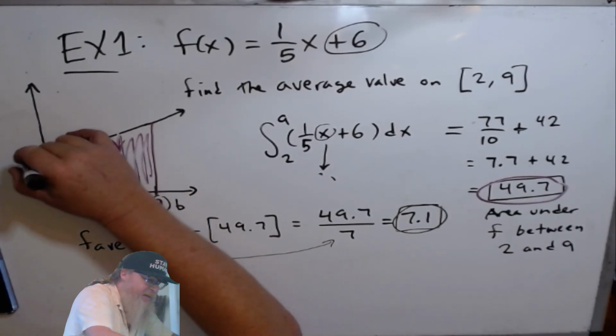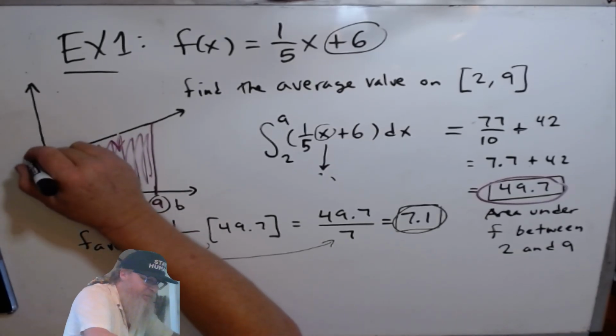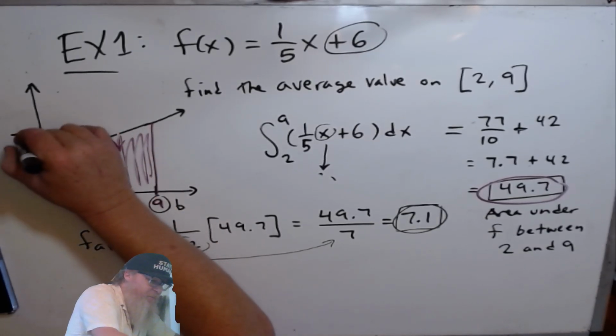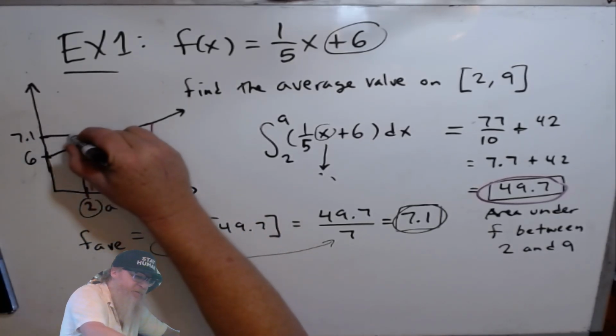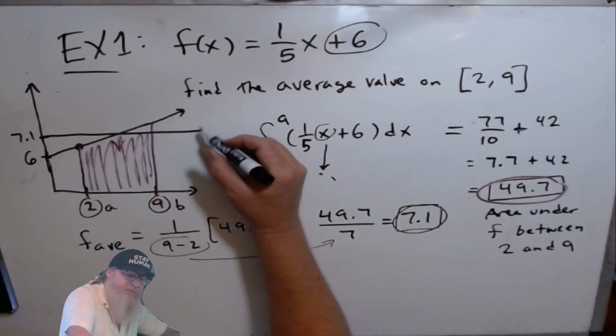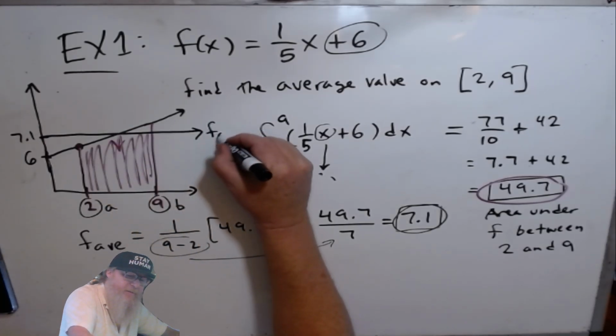So here's 6. Here's 7.1. The average value always cuts right through the area.